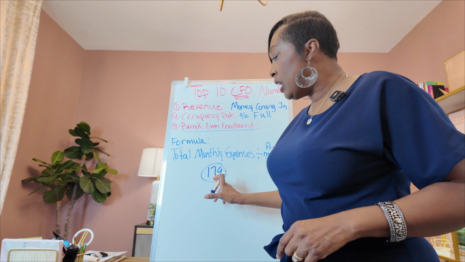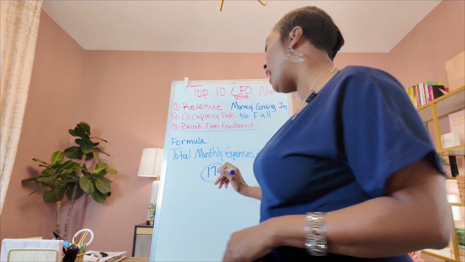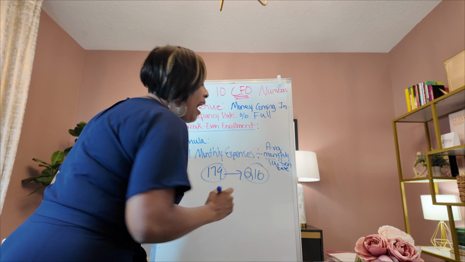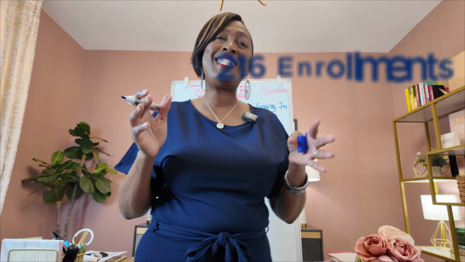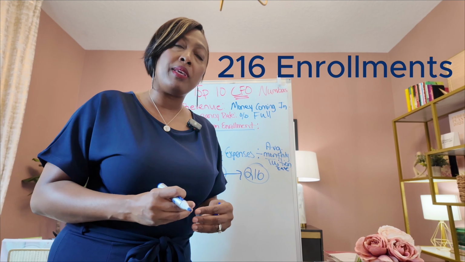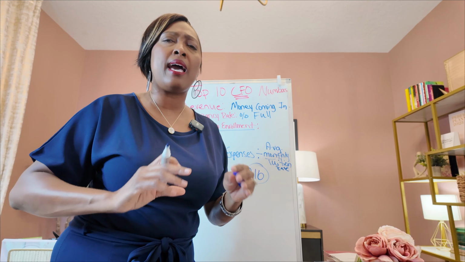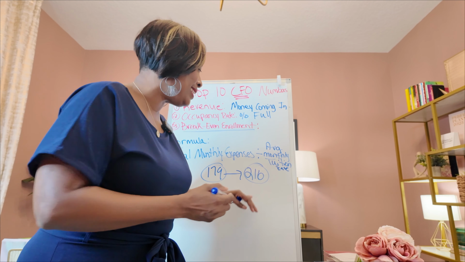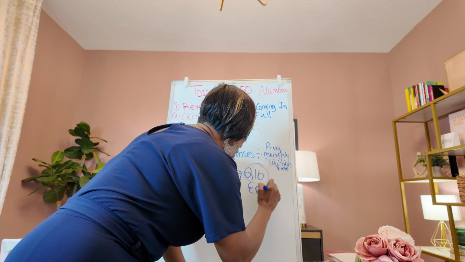So for me, even though I'm licensed for 179, I can actually enroll a total of 216 enrollments. I think I said 219 the last time, but I did the math.